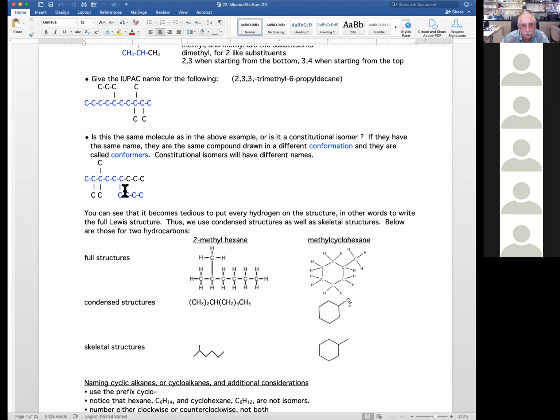This would be an N-propyl or just propyl. And what would be the numbering system? 1, 2, 3, 4, 5, 6. So that'd be 6-propyl. If I came this way, then it would be 1, 2, 3, 4. It's much higher numbers, right? You end up getting the same name. So I know that they're the same structure.